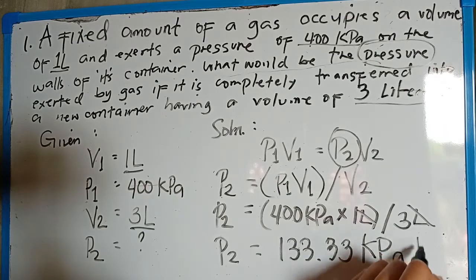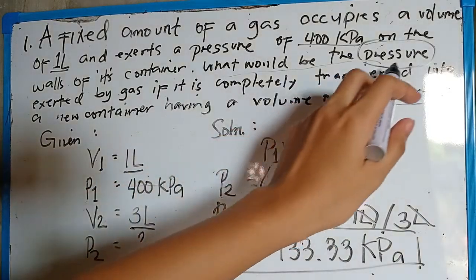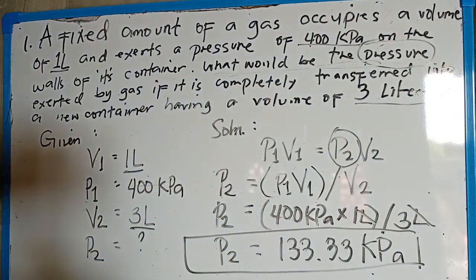So this is our final answer. We have now solved for our pressure, which means that 400 multiplied by 1 liter divided by 3 liters is equivalent to 133.33 kPa. So this is now our pressure.